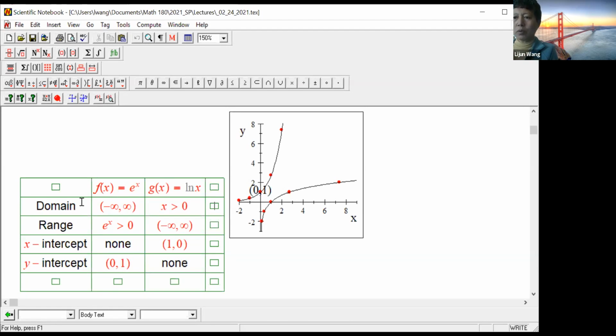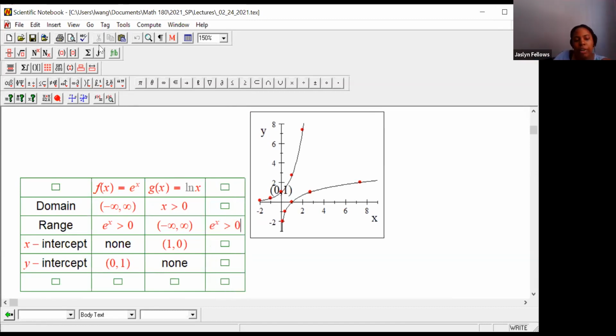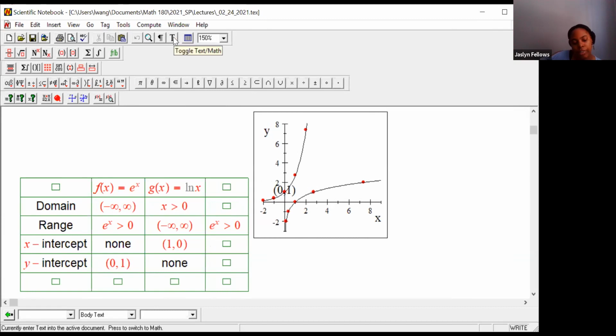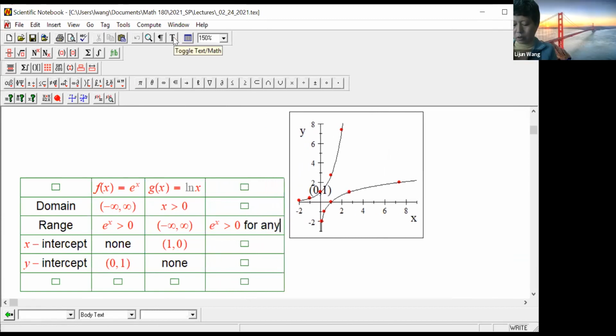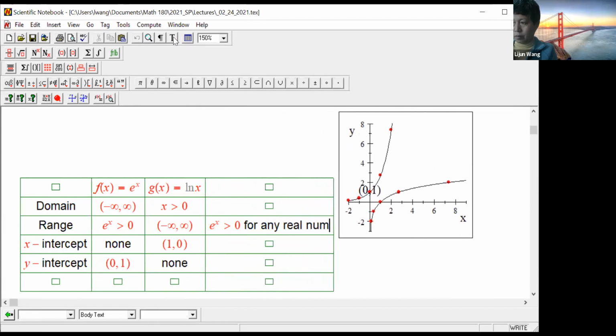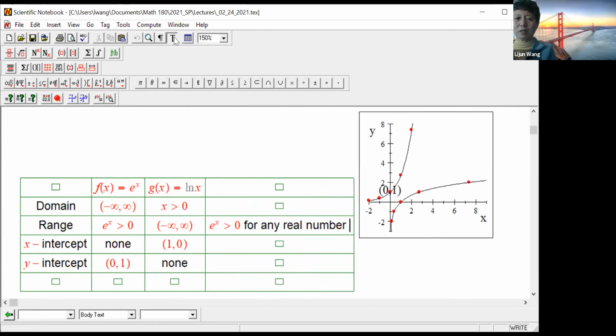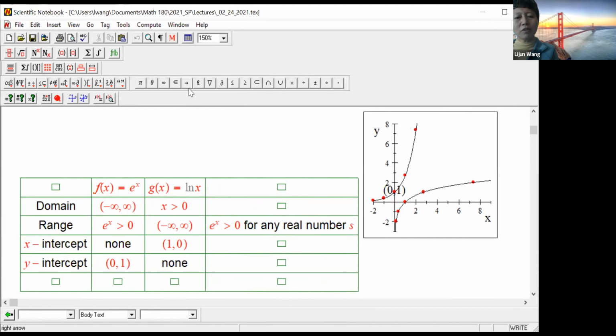So what will be that domain and range in one sentence for e to the power x? e to the power x is greater than 0 for any real number x. Perfect. Excellent.